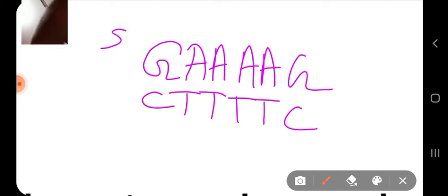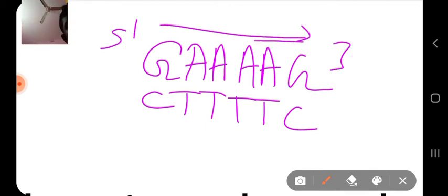If you read from 5 prime to 3 prime direction or from 3 prime to 5 prime direction, it will sound the same. This is a palindromic sequence.